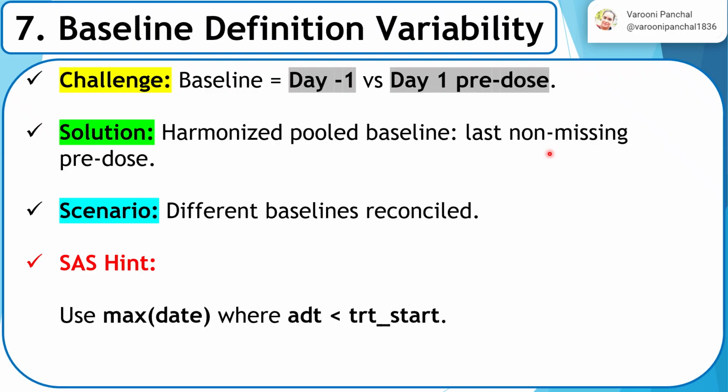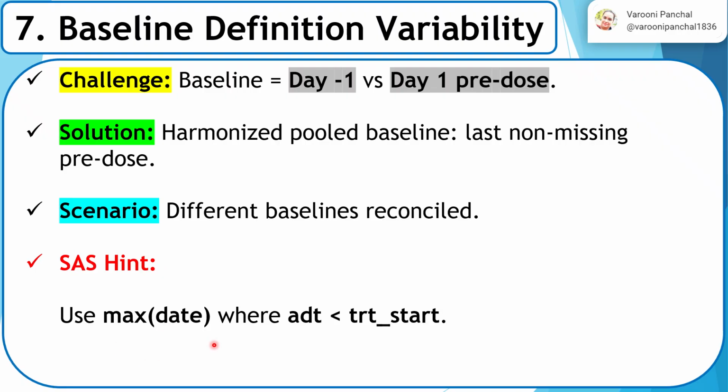So before consuming the drug, whichever was your last non-missing value, that is my baseline. You need to reconcile different baselines so that the common baseline definition is used in the ISS and ISE study.